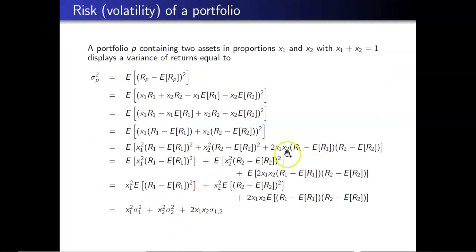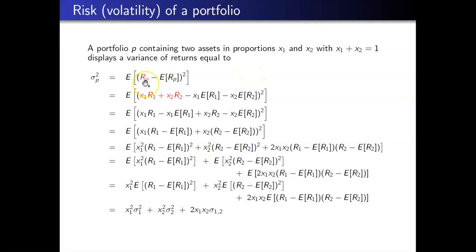The variance of the returns of a portfolio. The variance of the return is given by this equation here. It's the expected value of the return of the portfolio minus the expected return of the portfolio, to the power 2. The first line here is the basic equation for the variance.